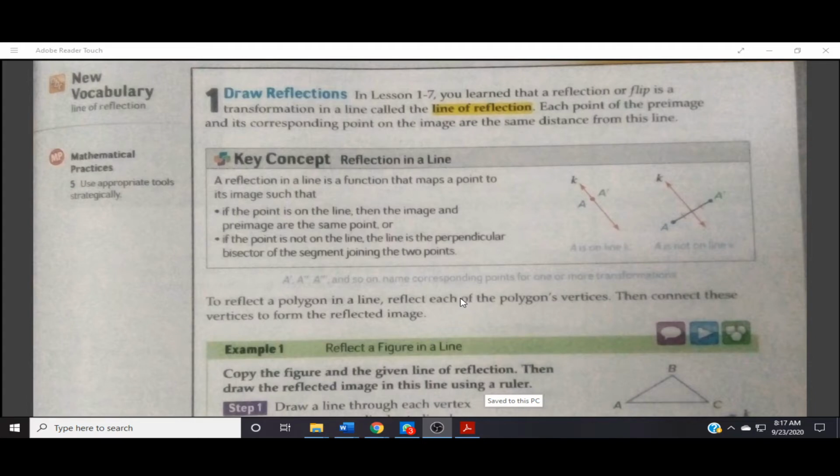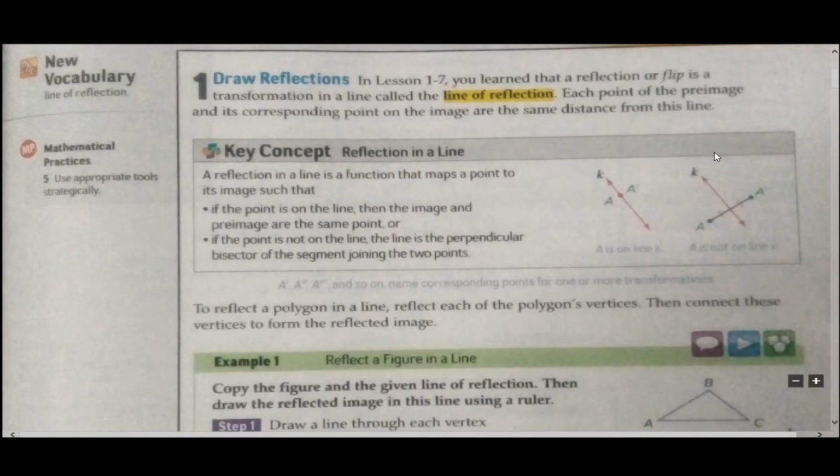Basically, you have a point, and if the pre-image is reflected and the pre-image is on the line, it will stay in the same place. If it's not on the line, let's just blow this up a little bit.